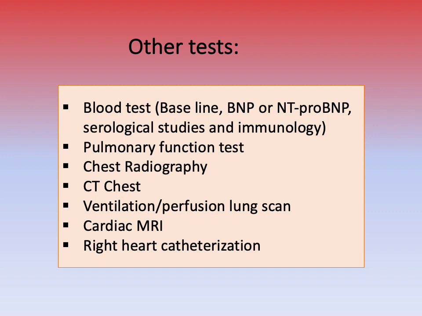Other additional tests include baseline blood tests, BNP, serological studies and immunology, pulmonary function test, chest radiography, CT chest, VQ scan, cardiac MRI, and right heart catheterization for confirmation of pulmonary hypertension.